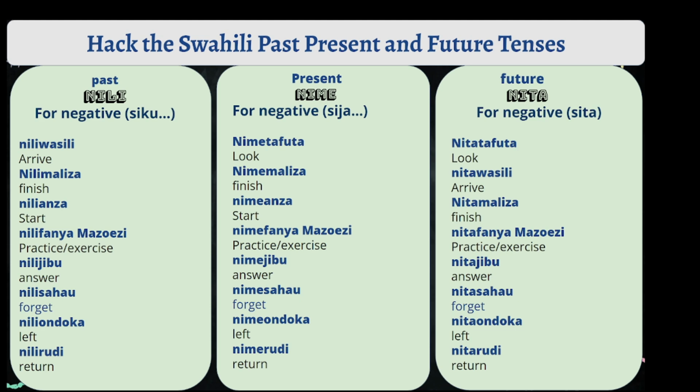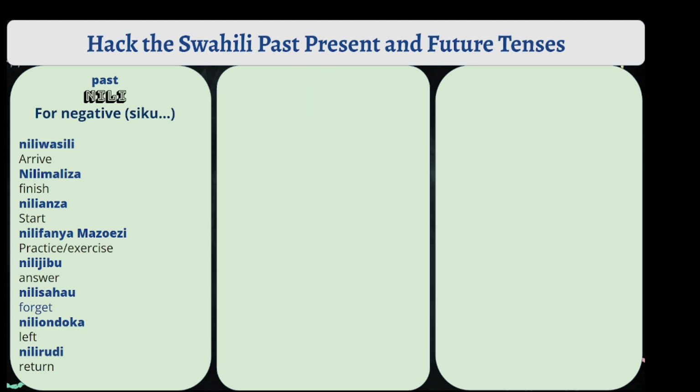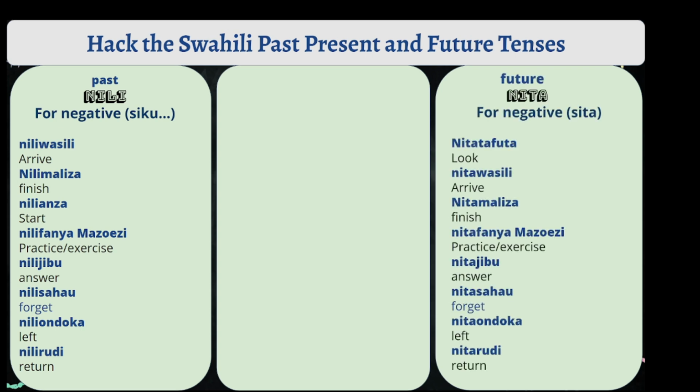Nili, siku. I know the negative side of it doesn't have a lot of flow, but I think that just like with anything in language learning, the more you use it, the more it will become easier for you. And so that's how you do the positive and the negative for future tenses.